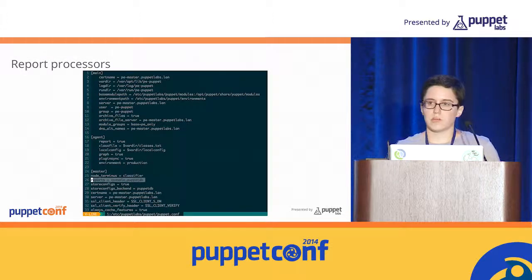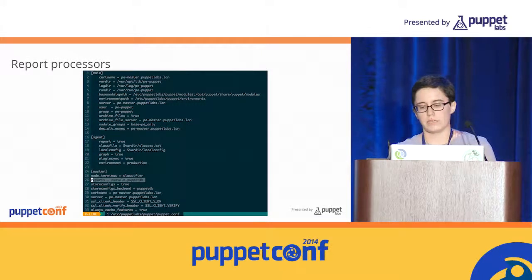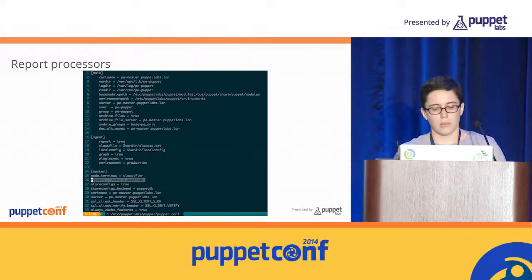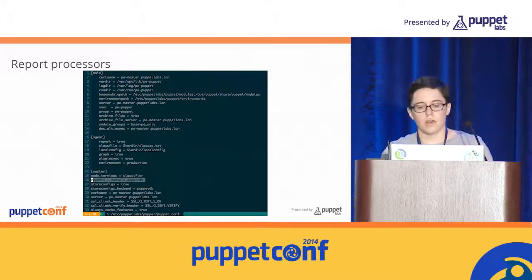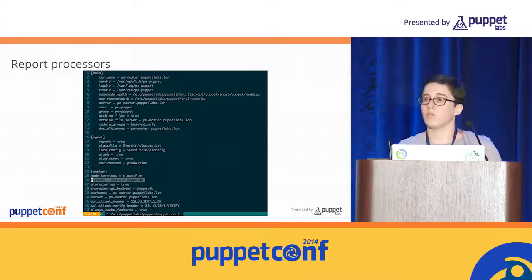And so the console report processor takes the report and just dumps it into the console's database. And the PuppetDB report processor sends the report to PuppetDB. PuppetDB actually doesn't hold on to all of those log messages. Those turn out to be a lot of data. It only knows about the reports and report messages and events.